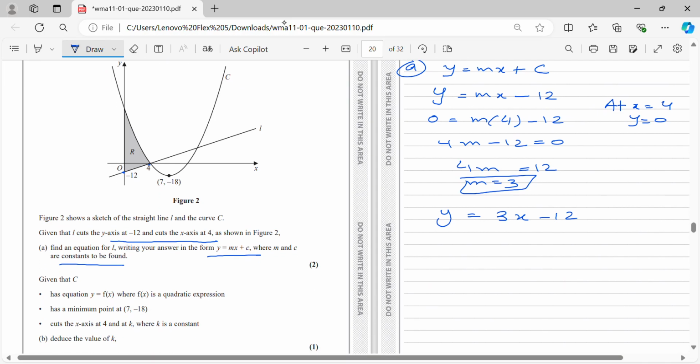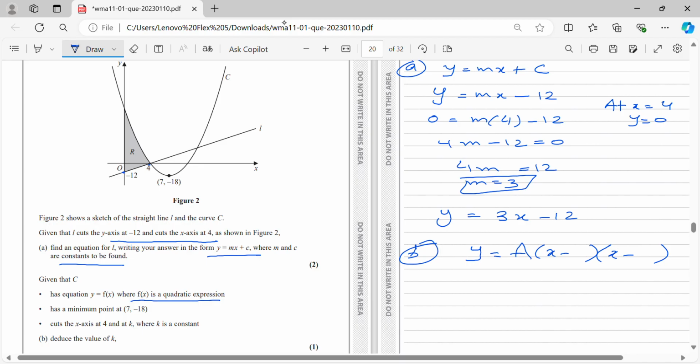Next part of the question: given that C has equation y equals f of x, where f of x is a quadratic expression. The quadratic expression is not given here. Whenever you have to find a quadratic expression, always write it in this form: y equals a, where a is a coefficient, times x minus something, the x-intercept, times x minus something.